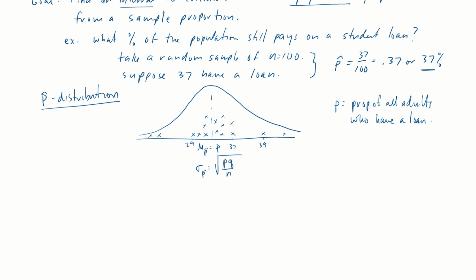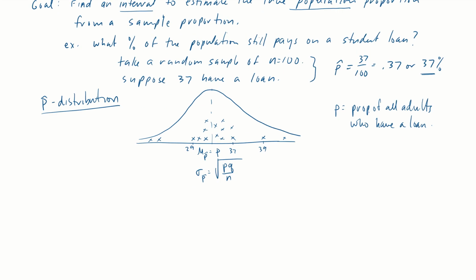We're going to use this idea here. 95% of the samples lie within 2 standard deviations of the mean, which is p in this case.